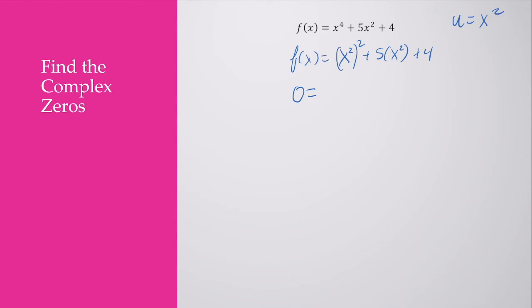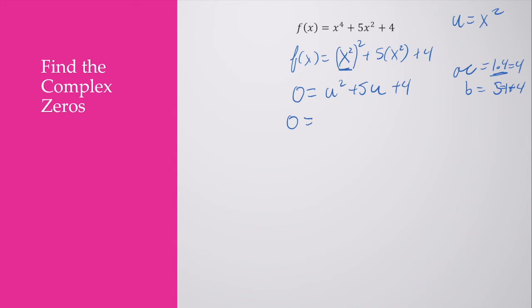So I have 0 is u squared, because I'm substituting in, plus 5u plus 4, and I want to factor this. What are the factors of AC, which is 1 times 4, so 4, that add up to b, which is 5? Well, how about 1 and 4?